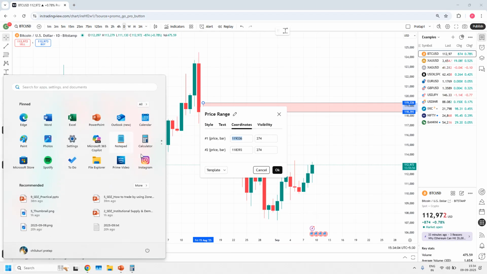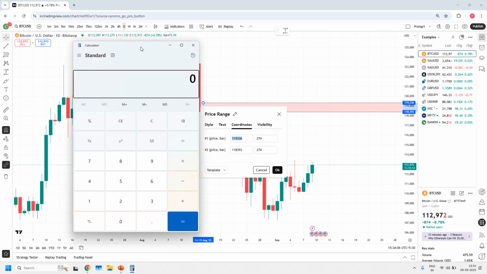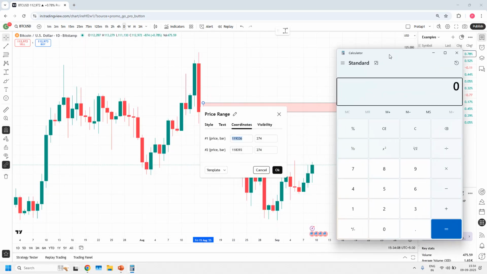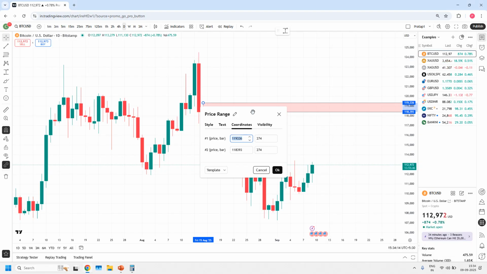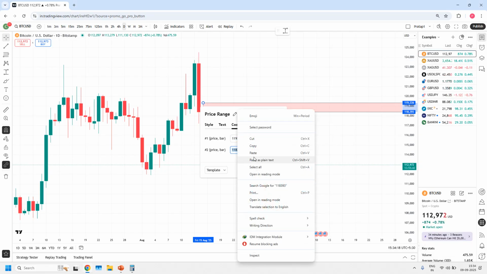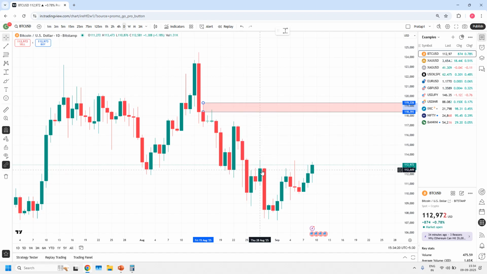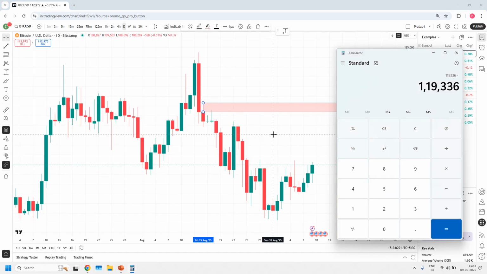Let me open another calculator, the third one. Stop loss means distal line minus proximal line. Here, which proximal are you using? Type 3 proximal. This is the type 3 proximal value. I am copying the value. You get your risk is only $943 US.